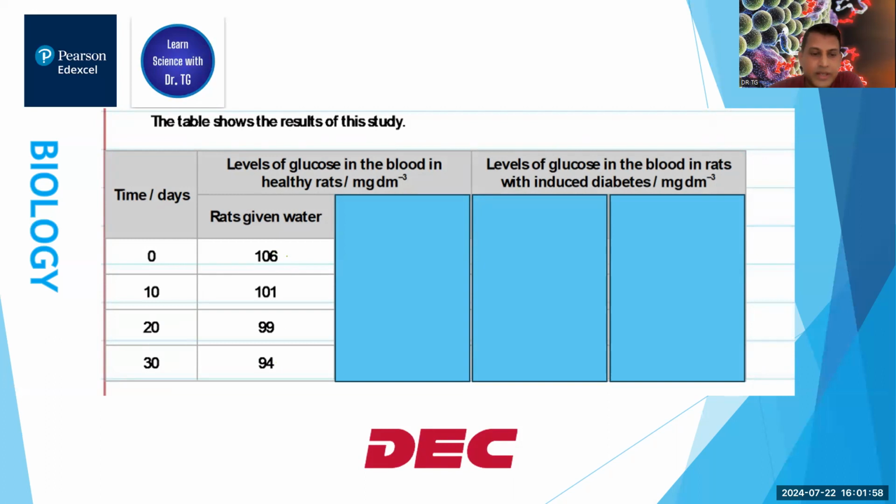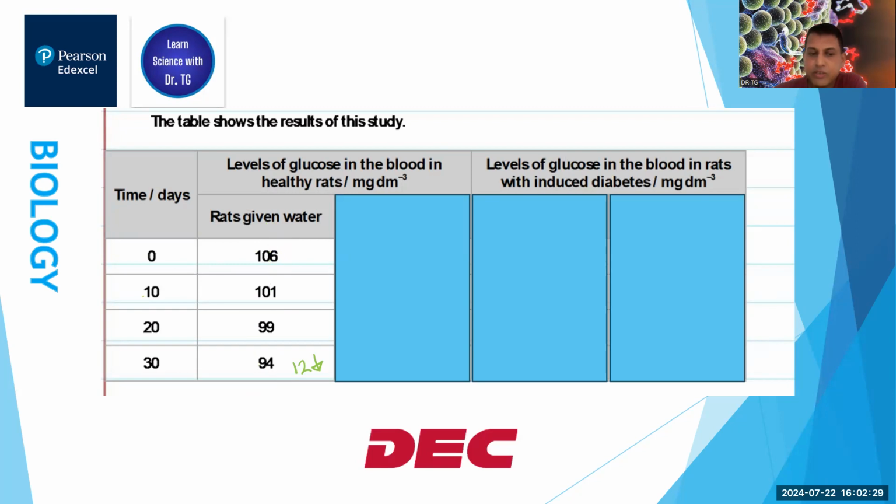So it's about a 12 milligram per dm cubed decrease. Now how can we justify this, and what do we say about this decrease? Is it a very important decrease? Is it a significant decrease?